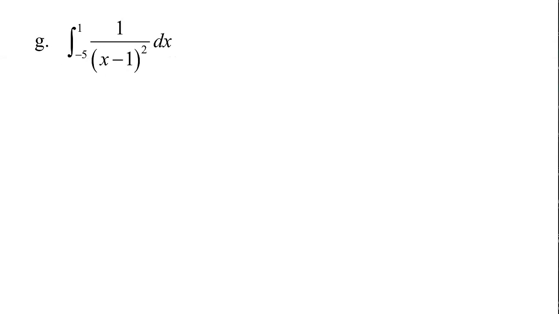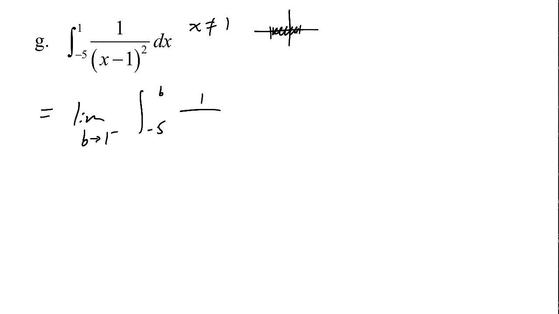All right, so the issue here, right, I don't have any infinities in my integrand, but I do have a 1, and x cannot be equal to 1. That's not possible here. So on my interval from -5 to 1, I'm going to approach 1 from the left-hand side. -5 to b, 1 over x minus 1 squared dx.